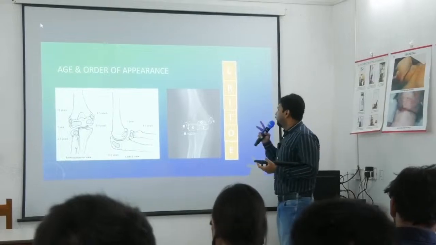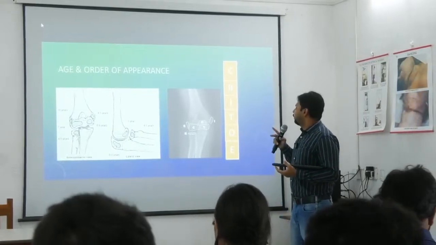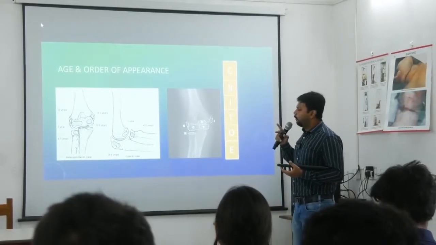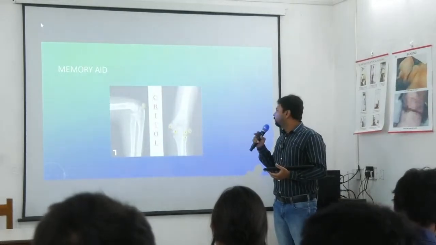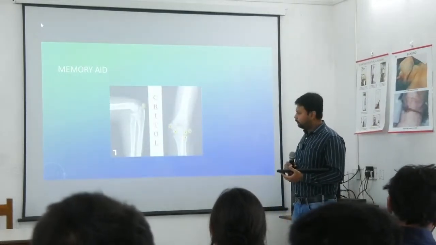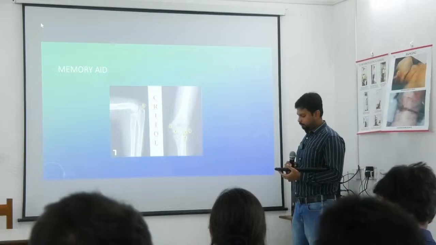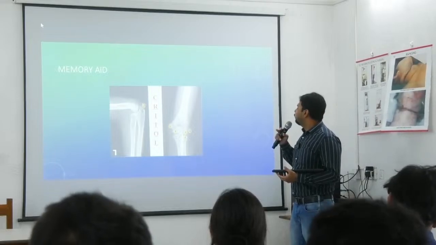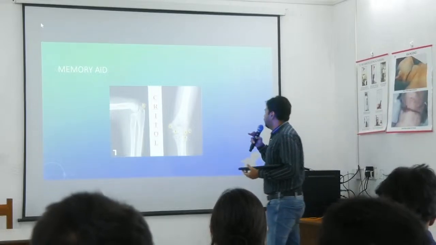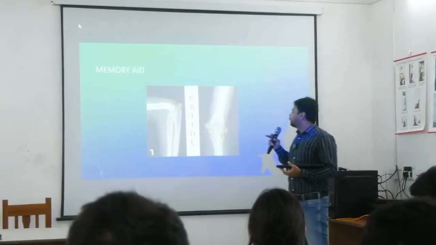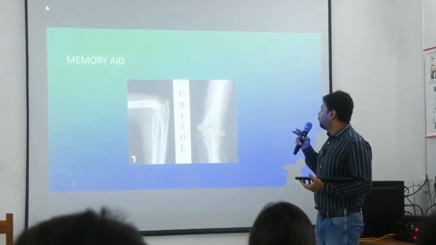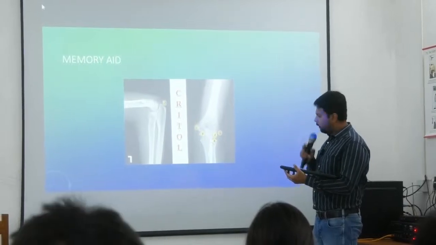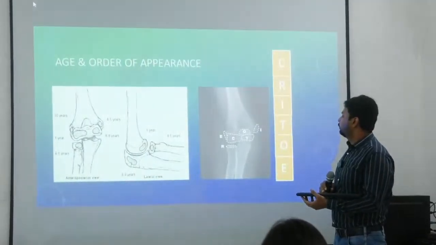We'll talk that later on. Okay, normally this is the order of appearance. This is what we just discussed earlier in this slide. So as you know, you saw this image before, so you can compare this with the previous one also.